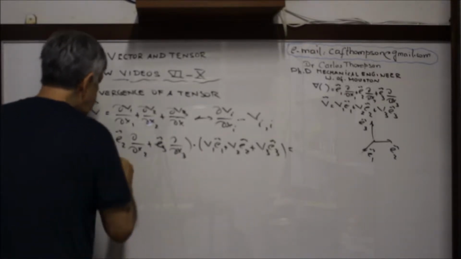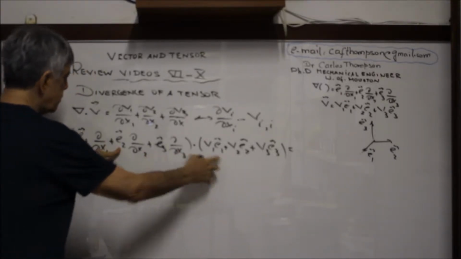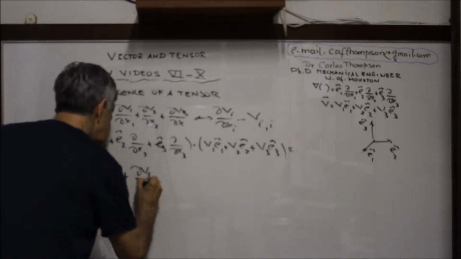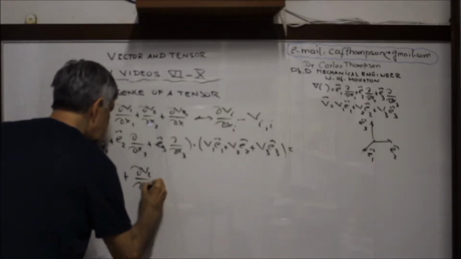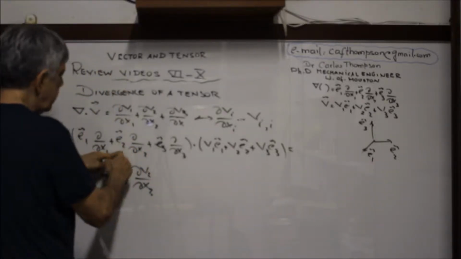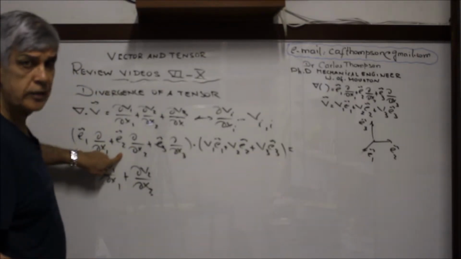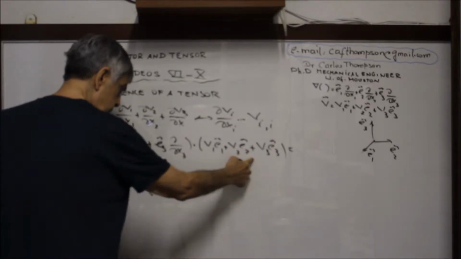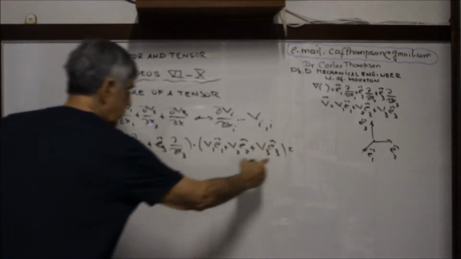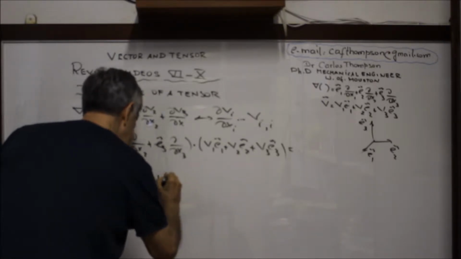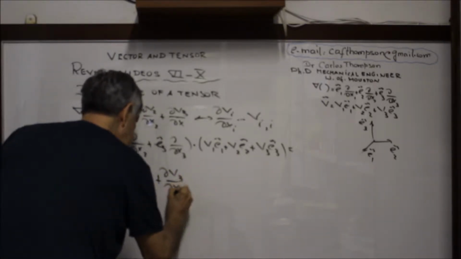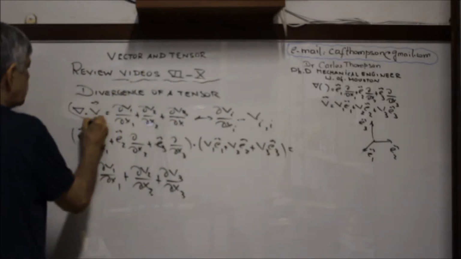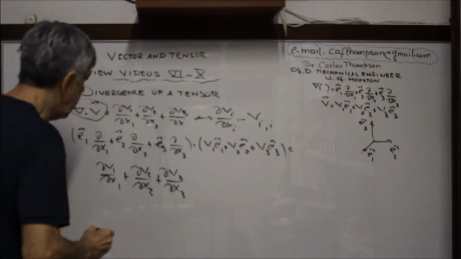So plus now e2 dot e1 is 0, e2 dot e2 is 1, so this is partial derivative of v2 with respect to x2, and e2 dot e3 is also 0. Now e3 dot e1 is 0, e3 dot e2 is 0, so e3 dot e3 is 1 plus partial v3 with respect to x3. So this is equal to the divergence of a vector.